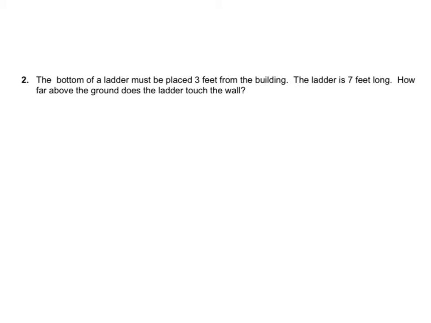All right, in our next example, it says the bottom of the ladder must be placed 3 feet from the building. The ladder is 7 feet long. How far above the ground does the ladder touch the wall? So let's say that this is the side of our wall, and let's then have this be our ladder coming down the side, and then this would be our distance from the wall here.